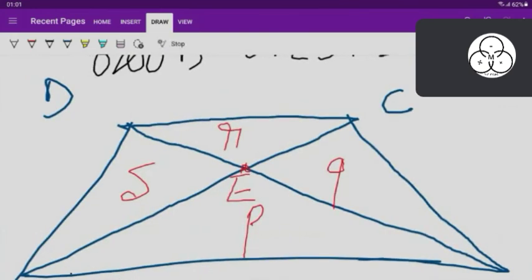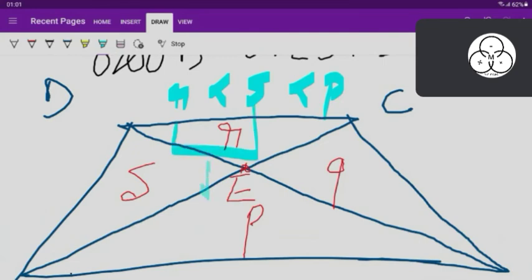We are assuming that R is smaller than S is smaller than P. So when the product of smaller things is a quantity K, when we take the larger things, then K dash will come, which will definitely be greater than K. And that is the philosophy: we'll take the minimum quantities to get the maximum area.